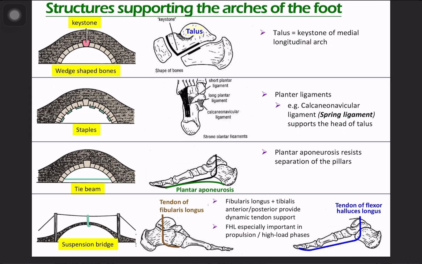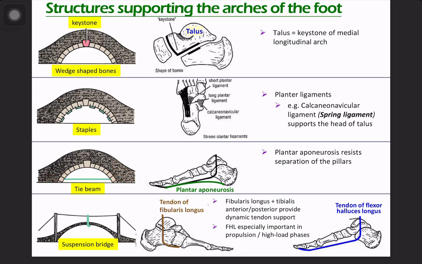First, give thanks to the wedge-shaped bones that we have. Because of this wedge-shaped arrangement of the bones, the arches are formed. Take the talus as an example. The second is the plantar aponeurosis, which acts as a tie beam. Like a tie beam in architecture, it connects the two ends of the arch and prevents them from spreading apart under pressure.